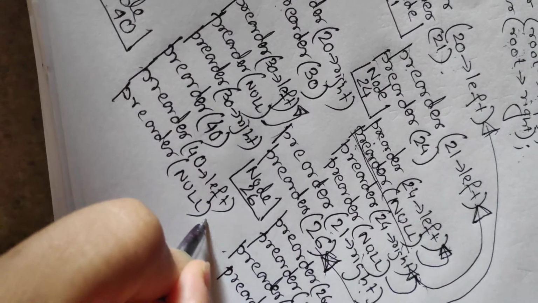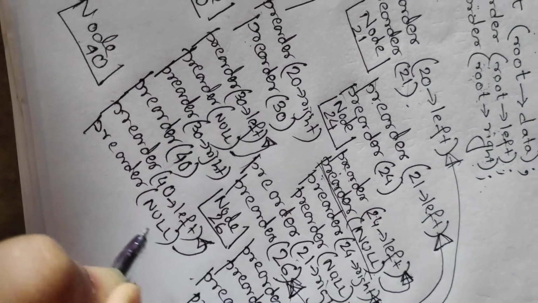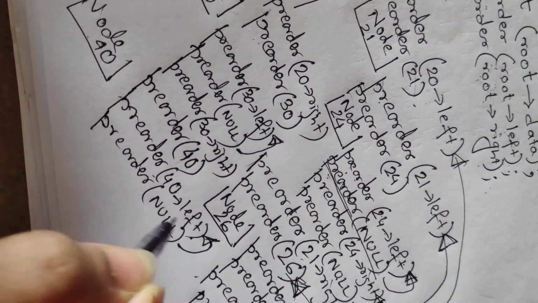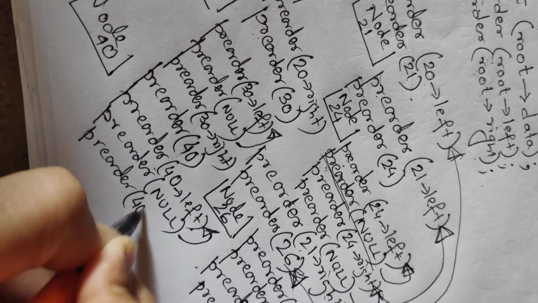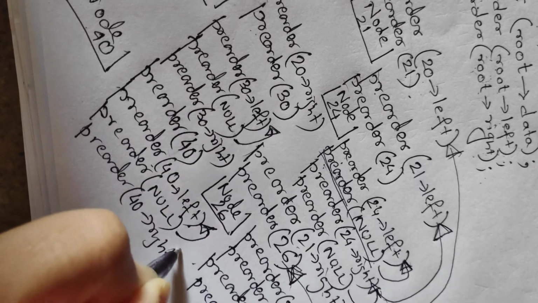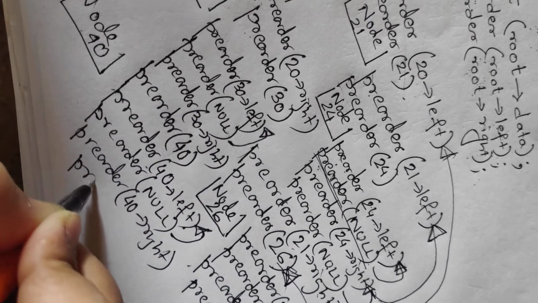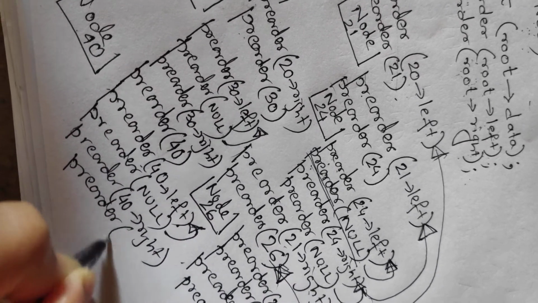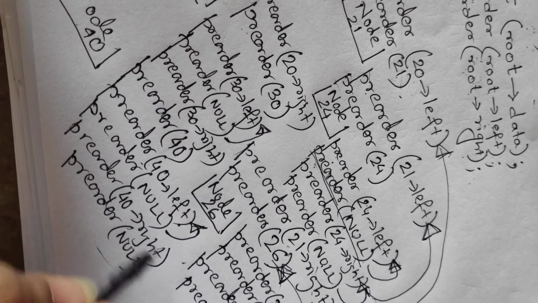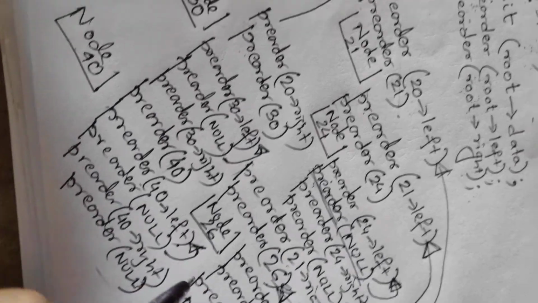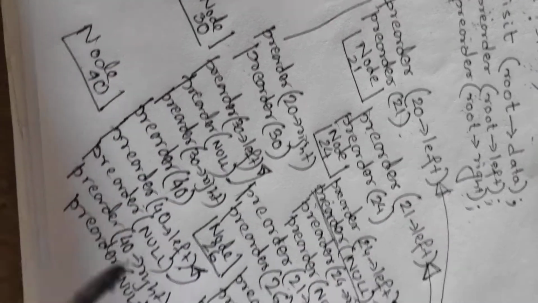So again you come back to the recursive call from where it was called. So 40 left is done. After that we will be doing preorder 40 right. So again preorder 40 right is also a call to preorder null. So that is also a base condition, so nothing to be done. So you go back. This node 40 is done with.